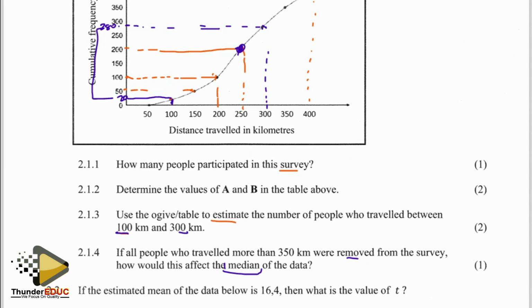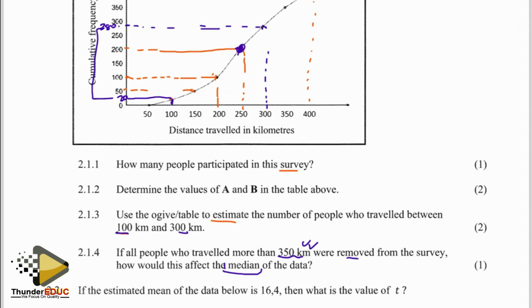Let's take the people that traveled 350 and above to be outliers. Outliers do not affect the median. Removing any piece of data in most cases has no effect on the median, but it would affect the mean and probably the mode.